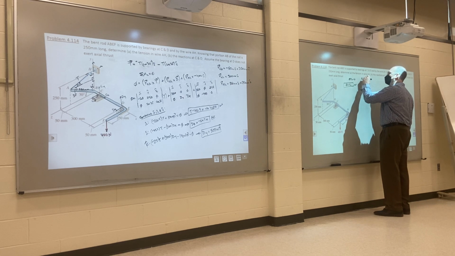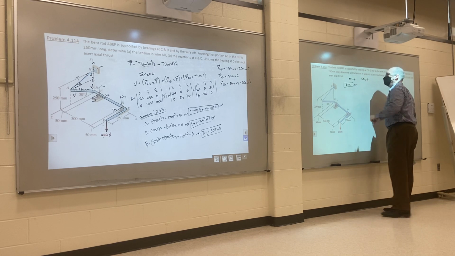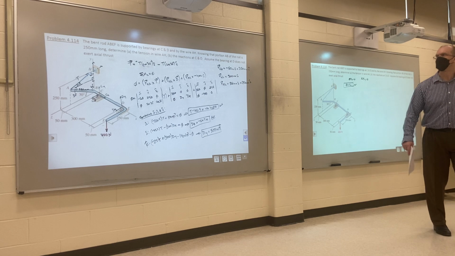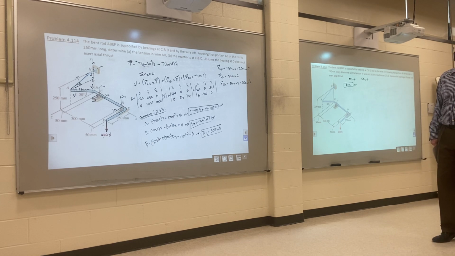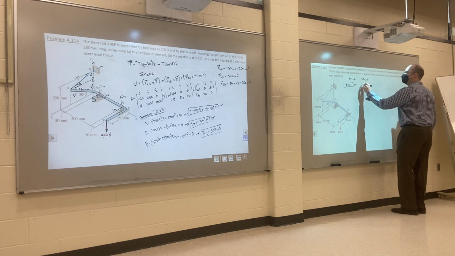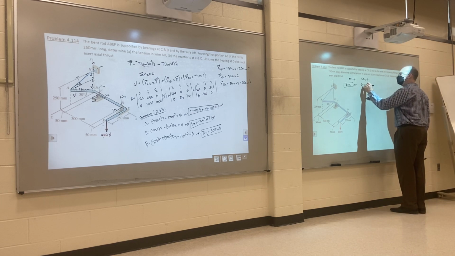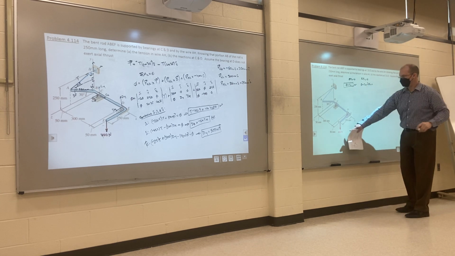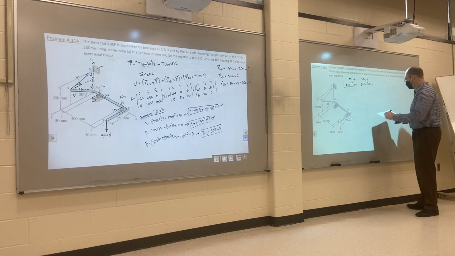Sum of the forces in y is equal to 0. Well, we do have a dy, right? And it's 505 up, and we have Cy. 0 is equal to Cy plus 505 newtons acting up, plus 400 newtons acting down, right?